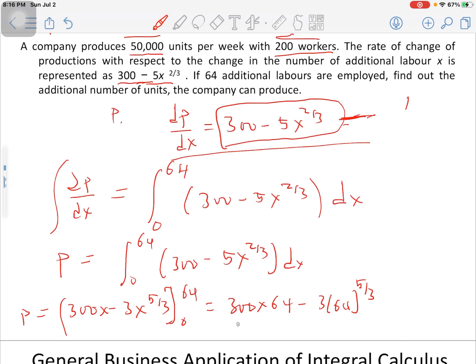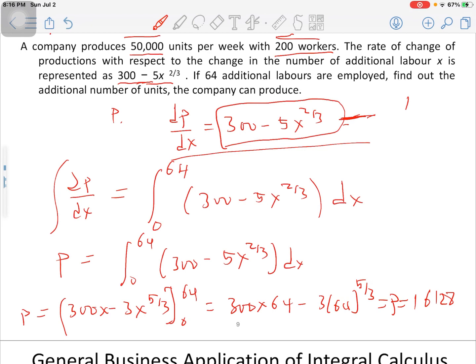And therefore, at the end, you are going to get the number of units the company can produce if they add an additional 64 laborers or workers to the existing ones, which is 200. So therefore, we are going to produce about 16,128 units.